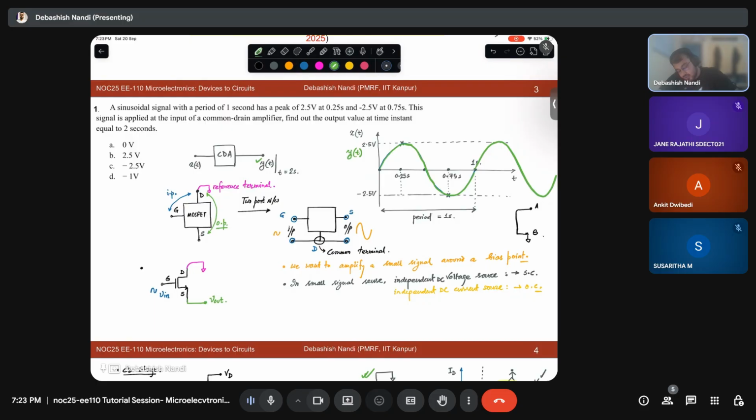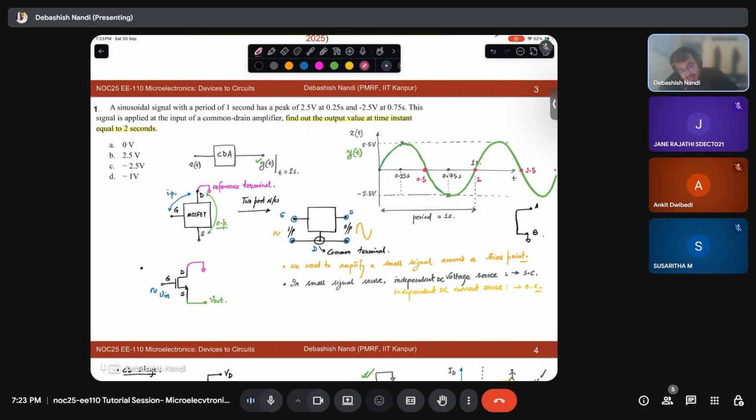Right? So the question is, find out the output voltage at the time instant equal to 2 seconds. At the nodes of the signal, you can see at 0.5, at 1, then at 1.5, these are the nodes of the signal where you get a zero value.